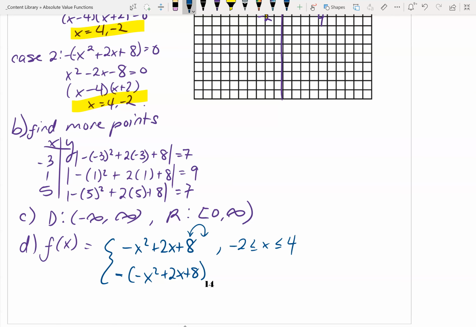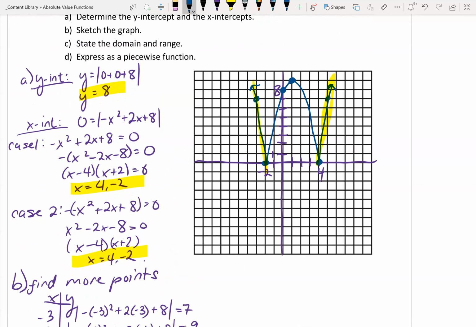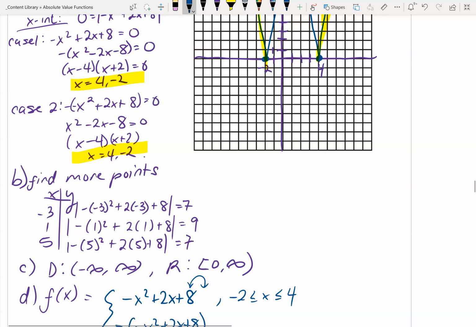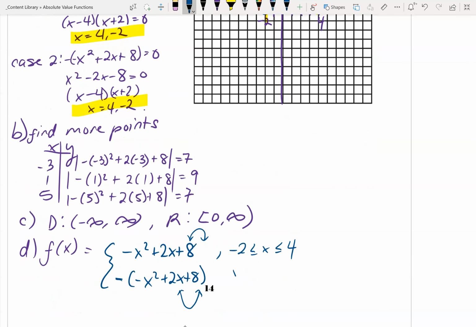And then for the right side up, this part of the graph, this looks like that from infinity to negative 2 and from 4 and on. I can express this as set notation. So x is smaller or equal to negative 2, and this occurs when x is greater or equal to 4. And that would be our piecewise function.